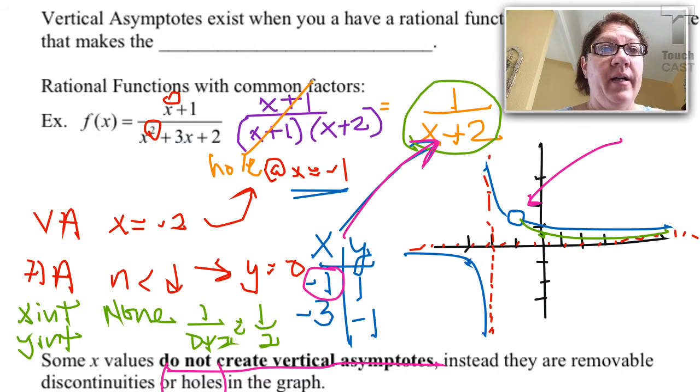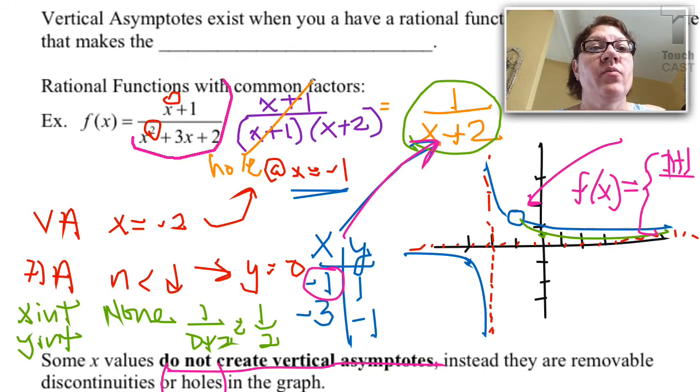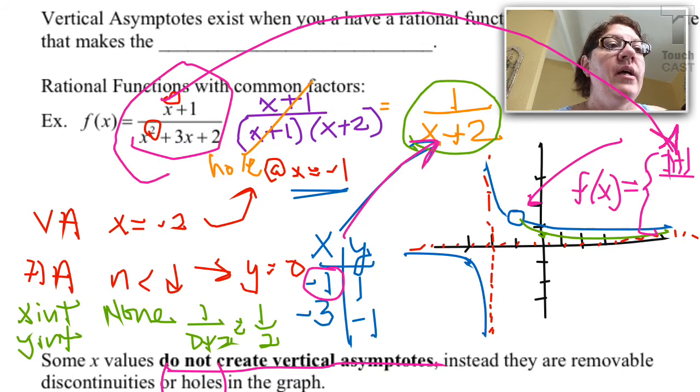So I would just go back and define f of x as a piecewise function, and I could use the original function x plus 1 for everything except x equals -1 and -2.